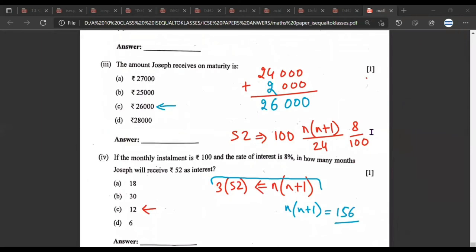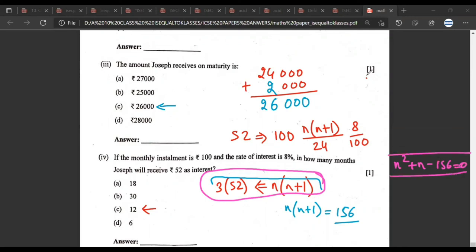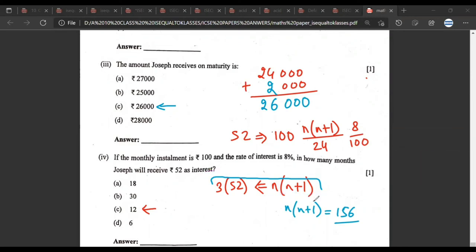Now, what I'm suggesting is once you put the values, this is what you will receive. Either you can solve this equation, n square plus n minus 156 is equal to 0. This is a quadratic equation, you can find the value of n. But if you look at this carefully, then n into n plus 1 has to be equal to 156. See, if the answer is 18, then this would be 18 into 19, this would be 30 into 31, this would be 12 into 13, this would be 6 into 7.